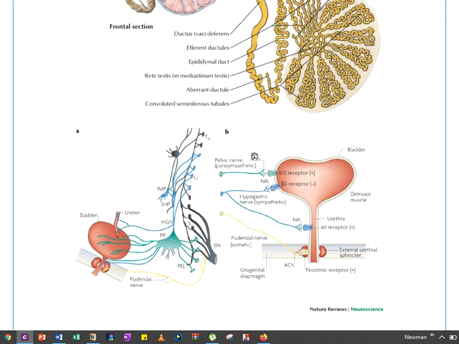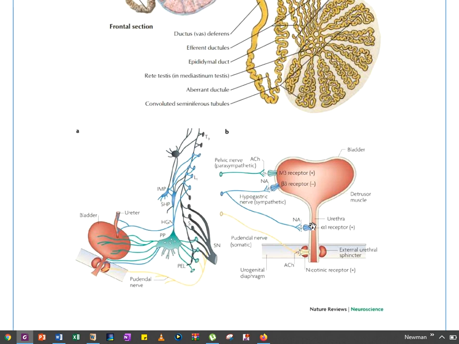But for sympathetic, you can see that they inhibit. They have a receptor on the urinary bladder, which is there to inhibit contraction of the detrusor muscles. But again, it has a receptor on the internal urethral sphincter, which stimulates it to contract, to close.